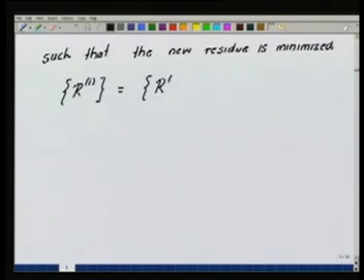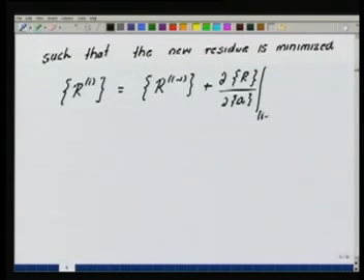So this will become the residue at the step i minus 1, okay, plus the partial of the residue with respect to the vector A evaluated at the step i minus 1, okay, into the vector delta A_{i-1}, plus higher order terms.